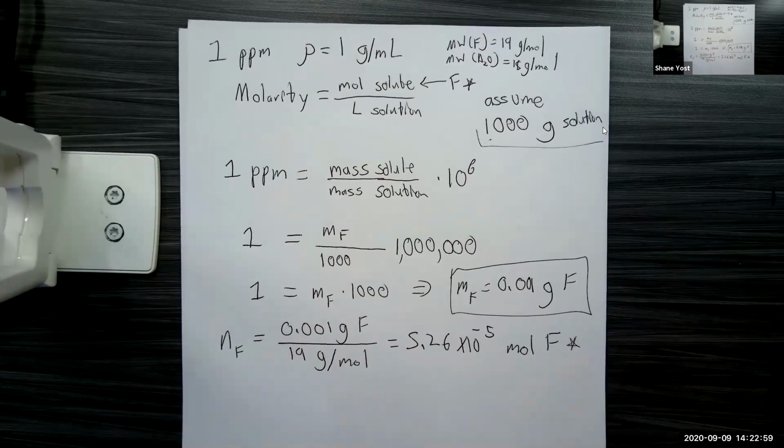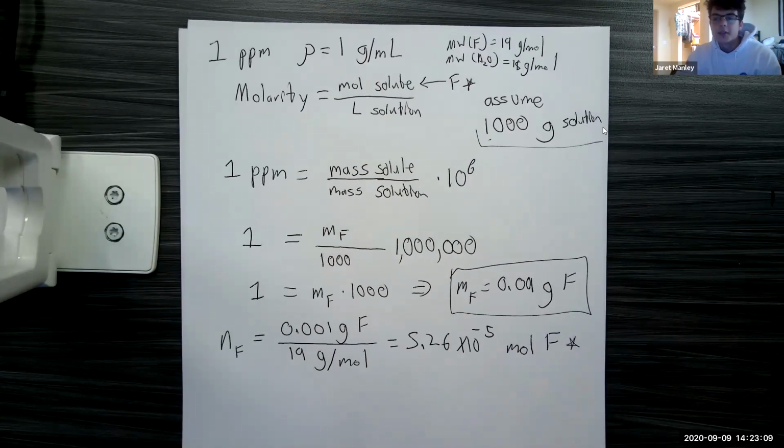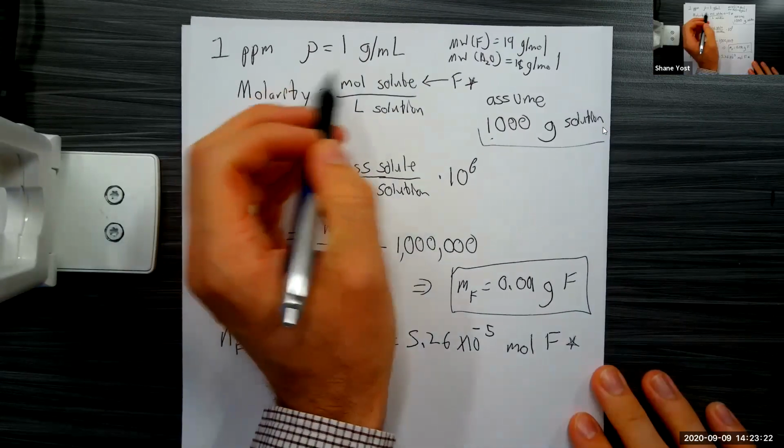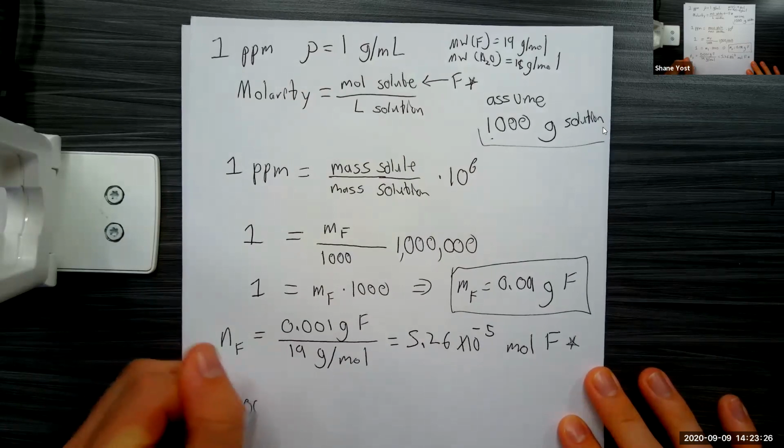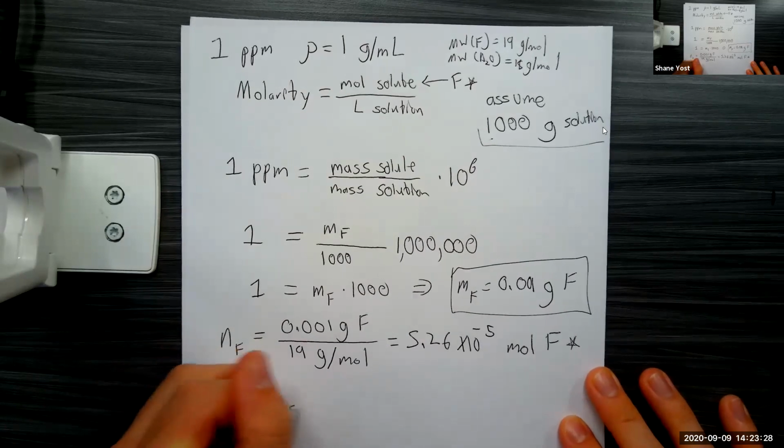So what do I use to get the liters of solution? The density given. What was that? The 1 gram per milliliter given in the problem. Yeah, so we use the density and the fact that we assumed 1,000 grams of solution.